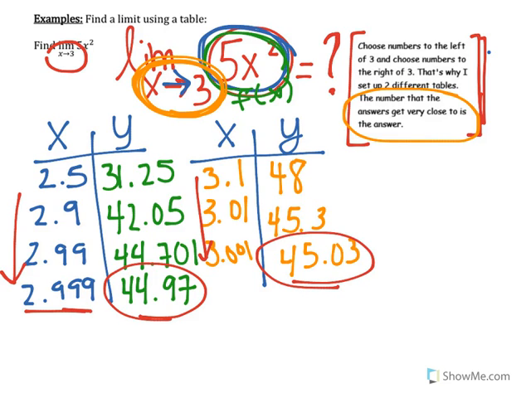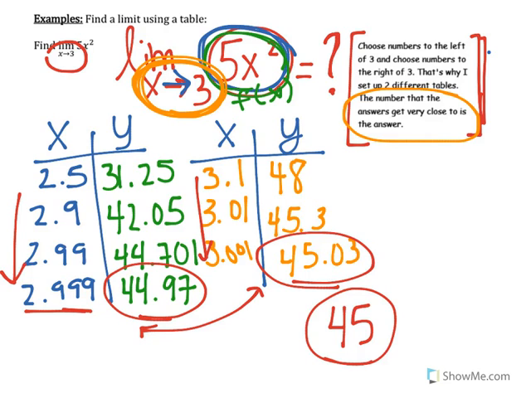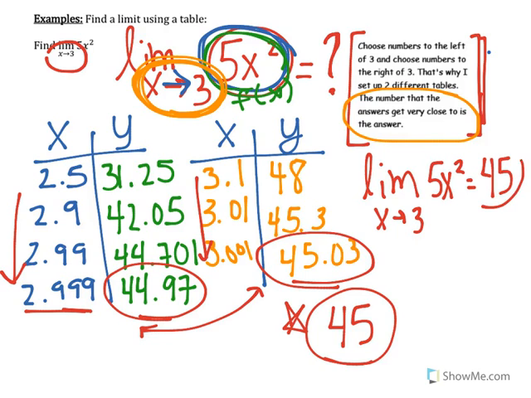What value do you think we're getting closer and closer to as we get closer and closer to 3? I think a lot of you would say that value would be 45. So, the limit as x approaches 3 of 5x squared is equal to 45.